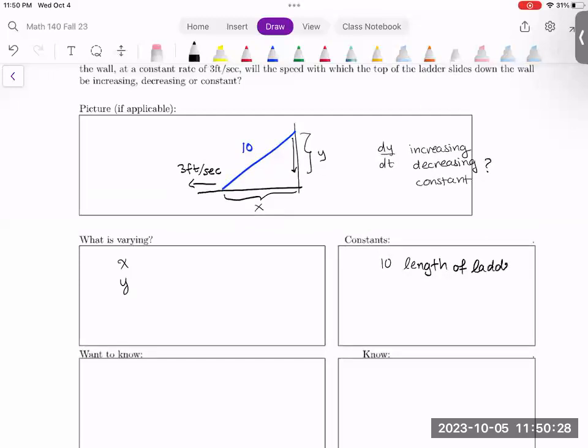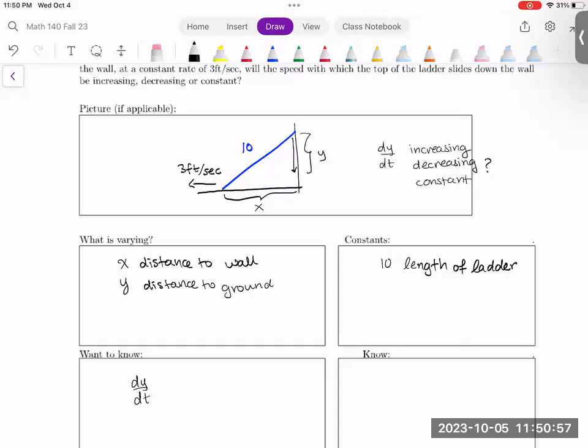X was the distance to the wall, and y was our distance to the ground. What we're interested in knowing about is dy dt, the rate of change of y, our height from the ground.